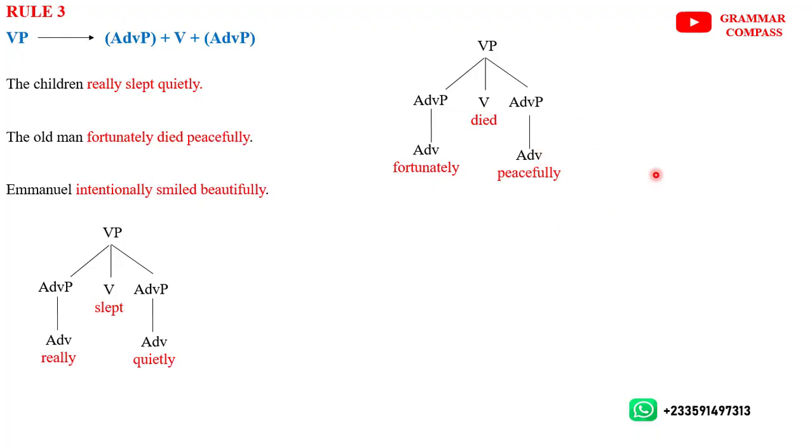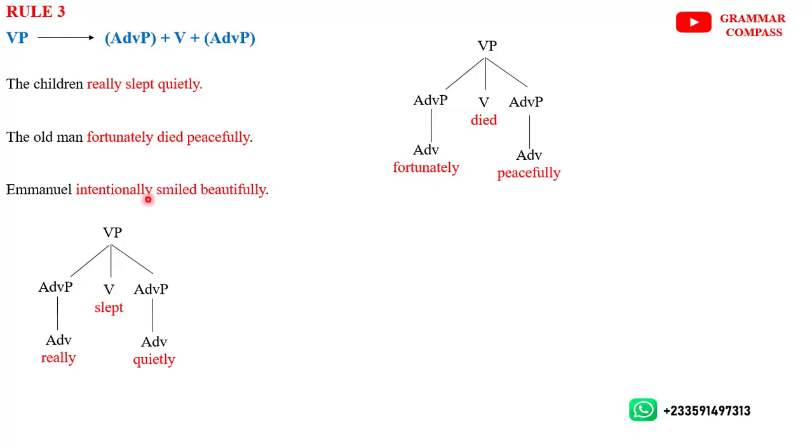This is the tree generated when you have an adverb phrase modifying the verb head and then another adverb phrase qualifying the verb head. Now that we've been able to draw our tree for the second verb phrase, can you try the third part, that is intentionally smiled beautifully? Kindly pause the video and draw your tree diagram for this verb phrase.